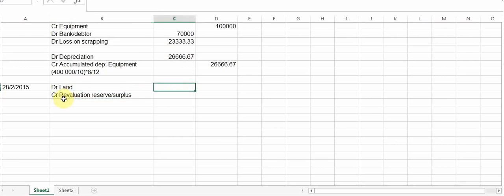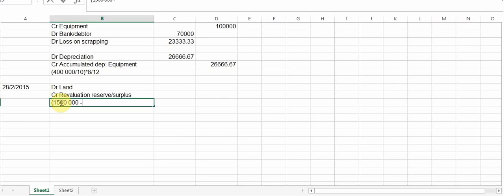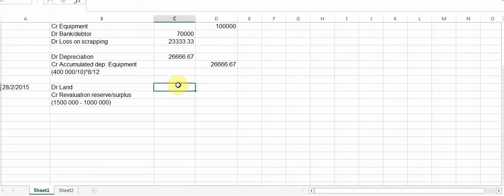And the difference there will be the current 1.5 million minus the 1 million that we got it for, and that gives us a revaluation amount of 500,000 that needs to be recognized for land. So that's the only journal entry that you should do for land, because land is not depreciated. It has an infinite useful life.